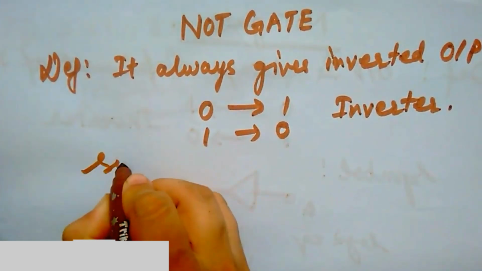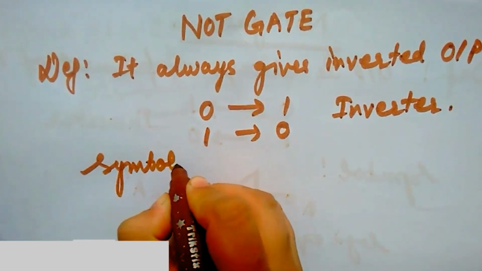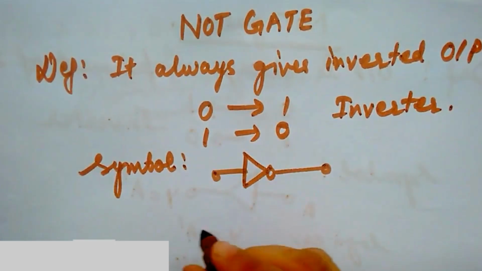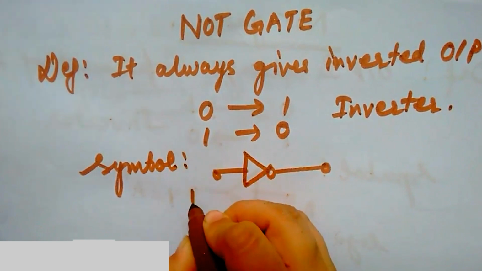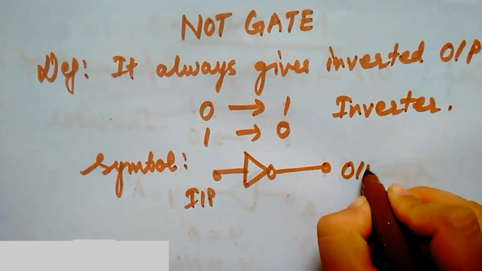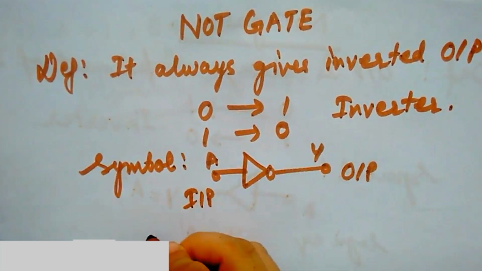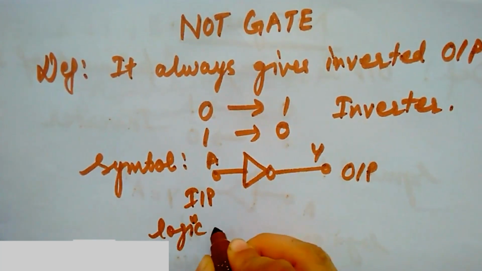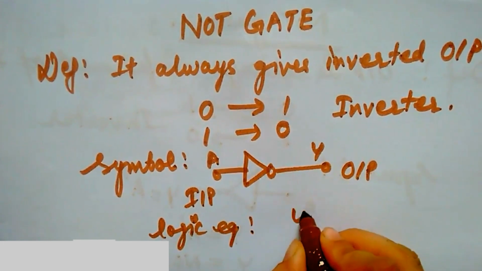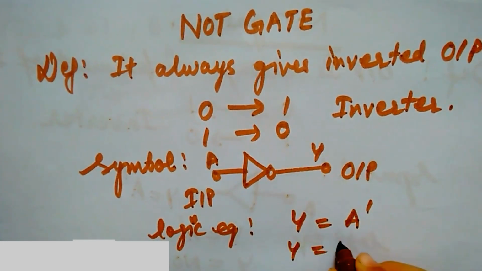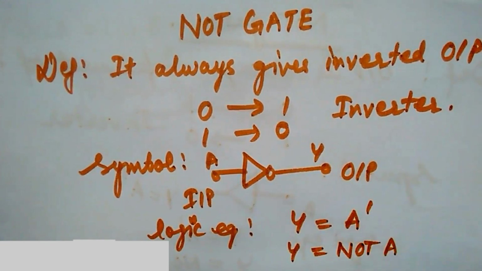Now, the symbol. The NOT gate symbol is like this: a single input and a single output. Now, the logic equation of NOT gate is that y equals a complement, otherwise y equals NOT of a.